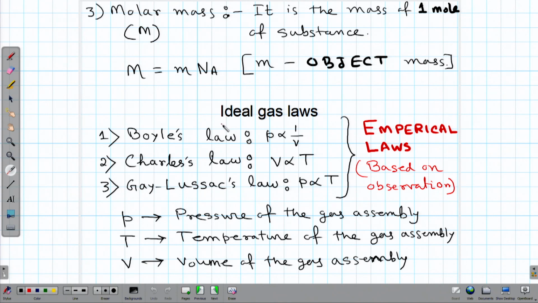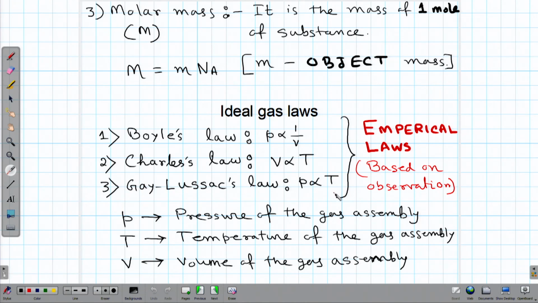And why are these called ideal gas laws? Because it has been found that these laws are valid for gases under certain circumstances. We will come back to what those circumstances are slowly. But typically, only when the pressure is low, the volume is large and the temperature is moderate are these laws strictly valid.